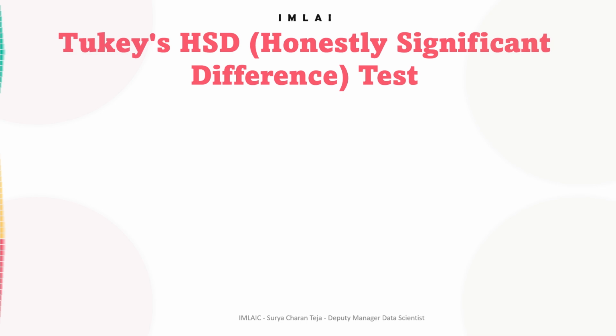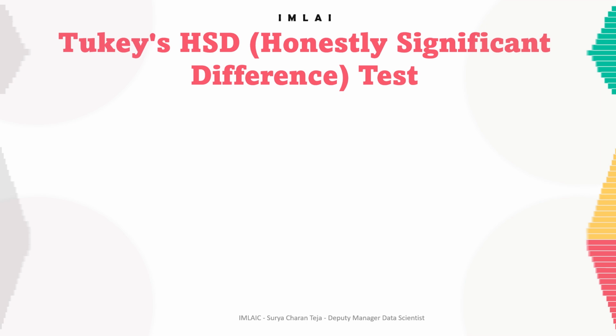So now it's time for Tukey's HSD. HSD is nothing but honestly significant difference test. Tukey's HSD is a post hoc analysis that can be used following an ANOVA to determine which pairs of group means differ significantly from each other.